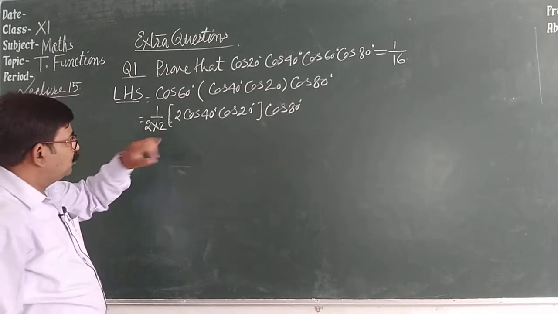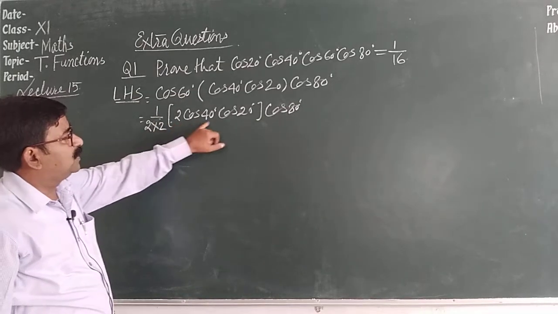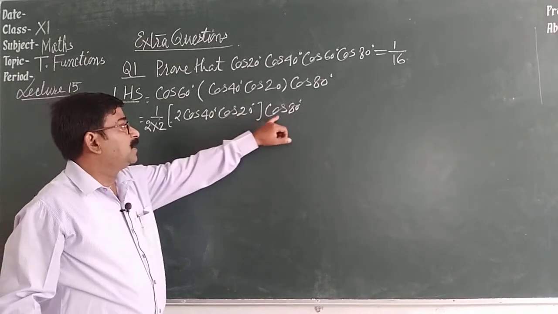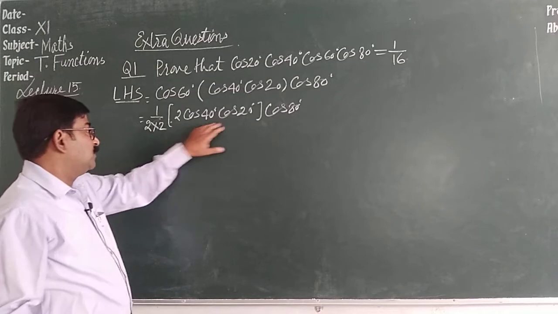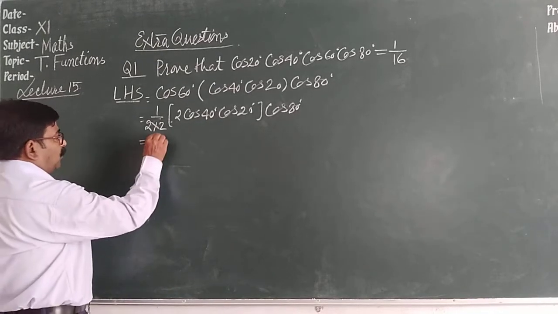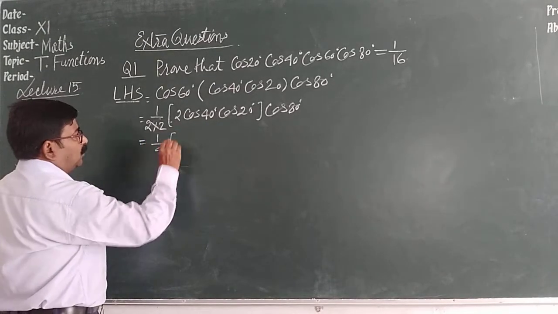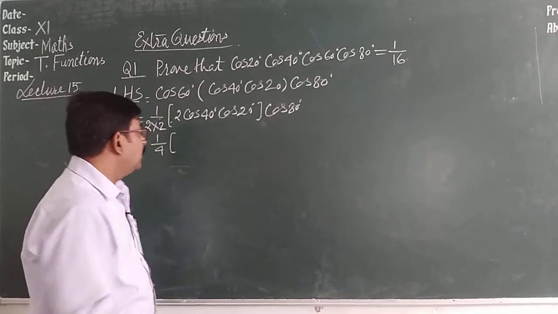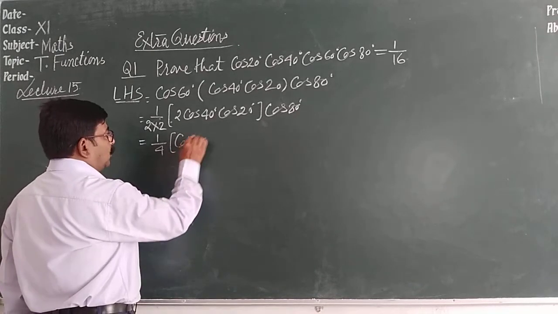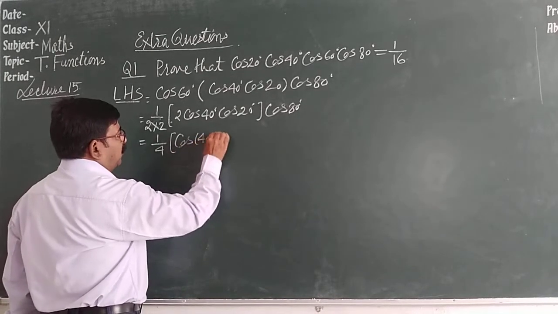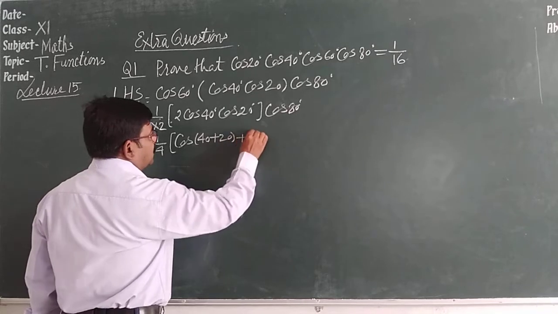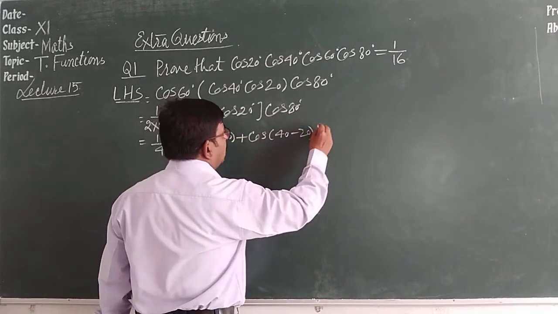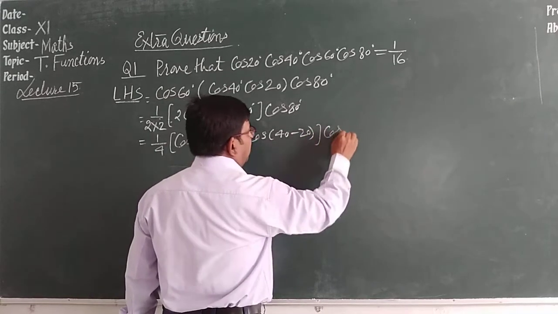So in bracket you see the formula 2 cos A cos B, and here cos 80 degree outside. So first simplify the bracket. Here we have 1/4. 2 cos A cos B is equal to cos A plus B plus cos A minus B. So we can write cos 40 plus 20 plus cos 40 minus 20 and cos 80 outside.